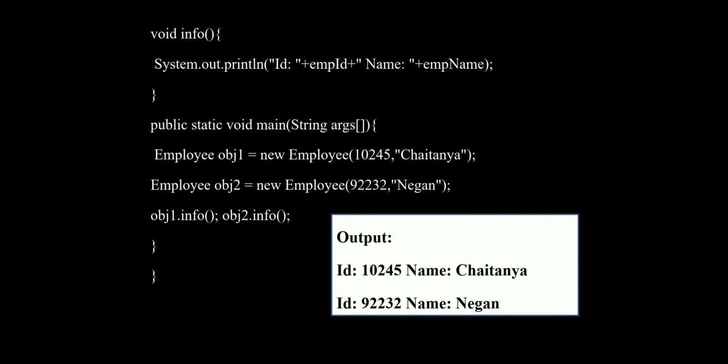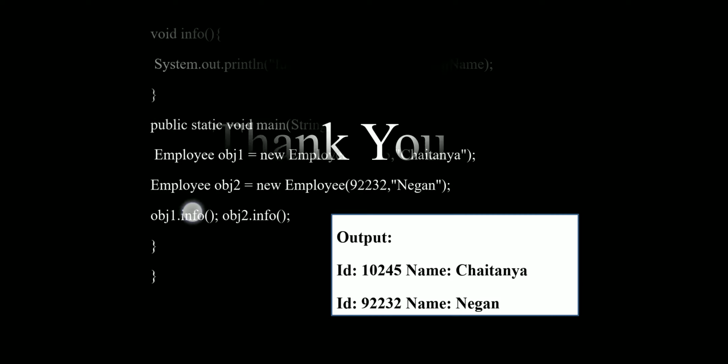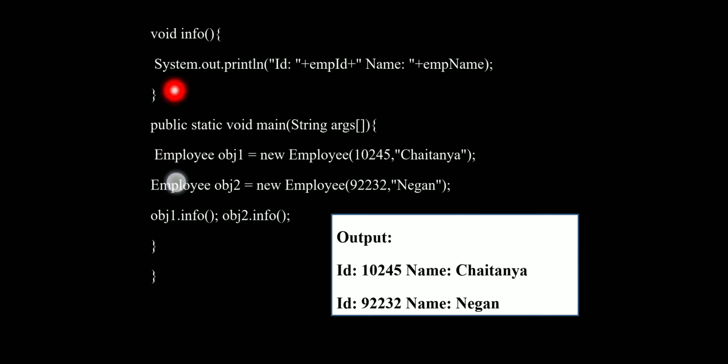Here, in a void method info, we are going to print the id and name in the console. Again, in the main method we create two objects, obj1 and obj2, with the help of the new keyword. In obj1 we pass the values 10245 as the id and Chaitanya as the name.